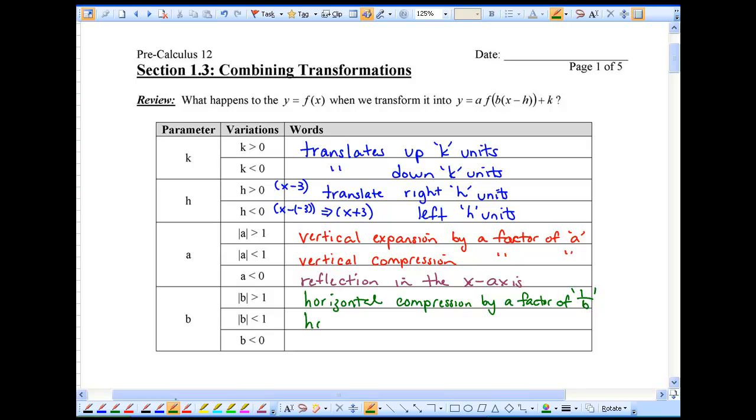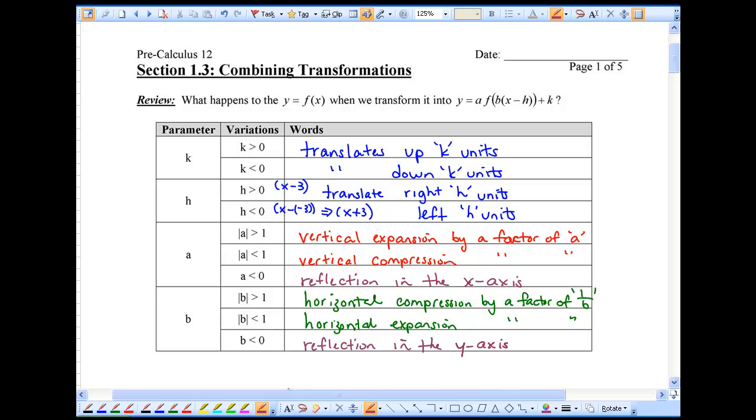Of course, when it's less than 1, we're just now expanding it. Once again by a factor of 1 over b. And when b is less than 0, once again, that's a negative sign. So this is a reflection in the y-axis.